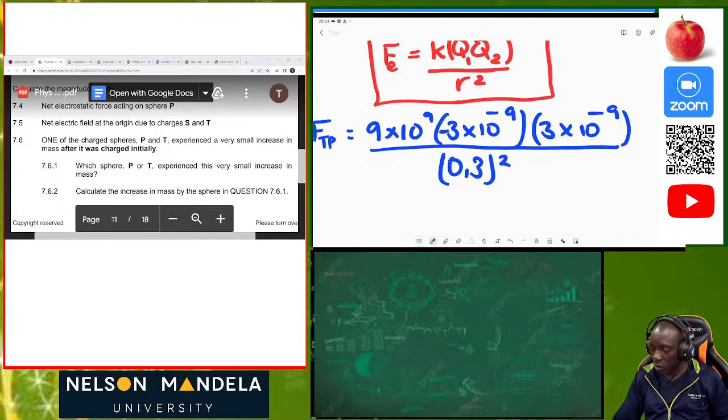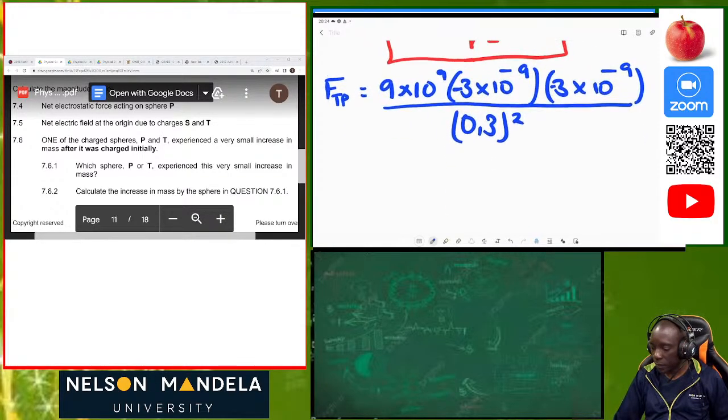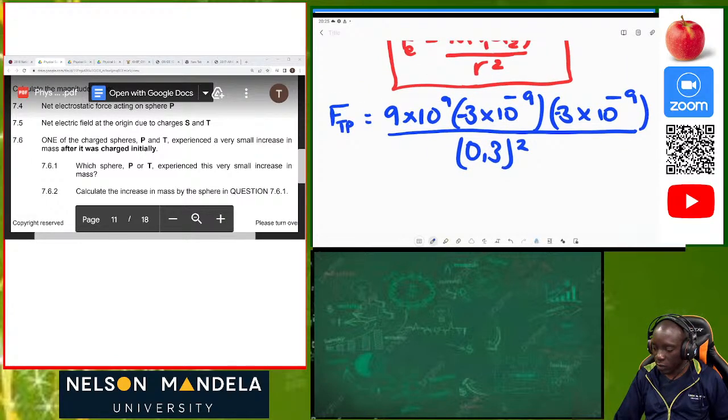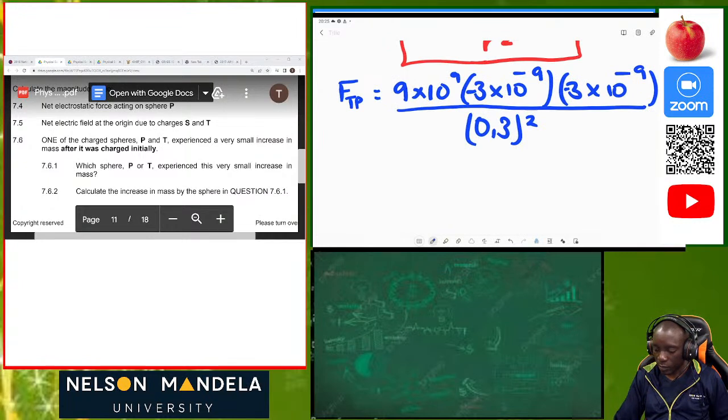So the charges, we can include them there. They will give us still a positive. This is a repulsive force. So you can calculate that.